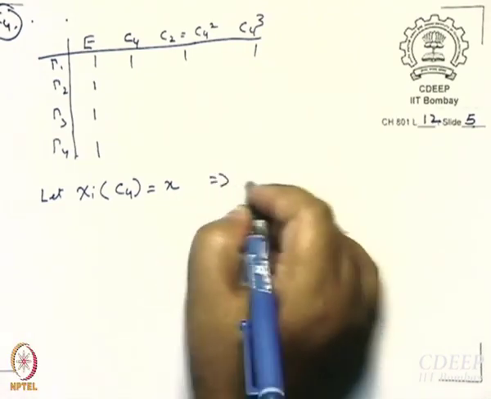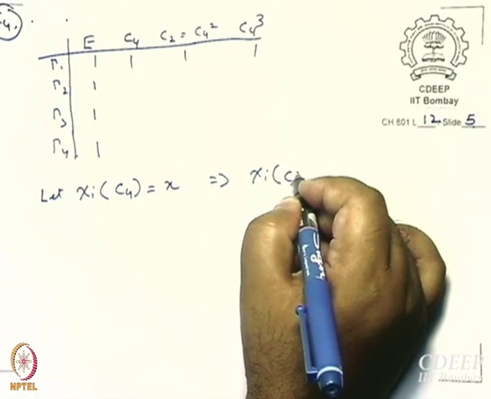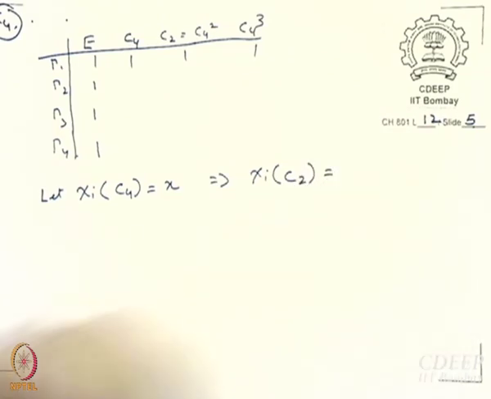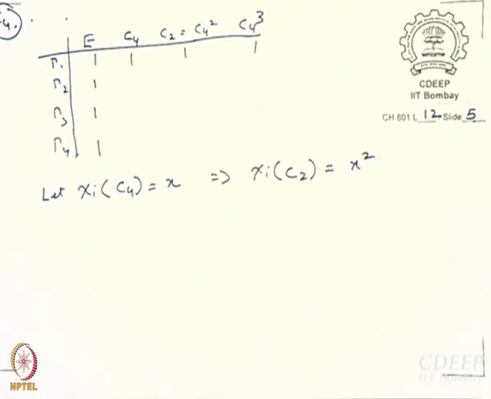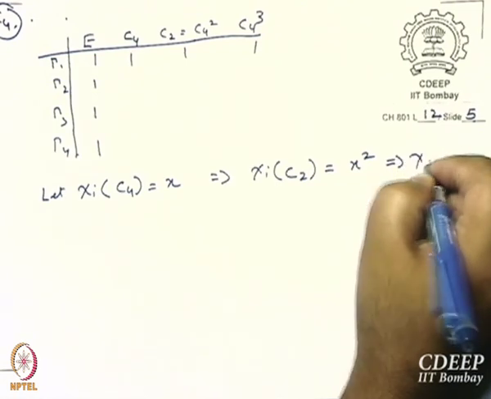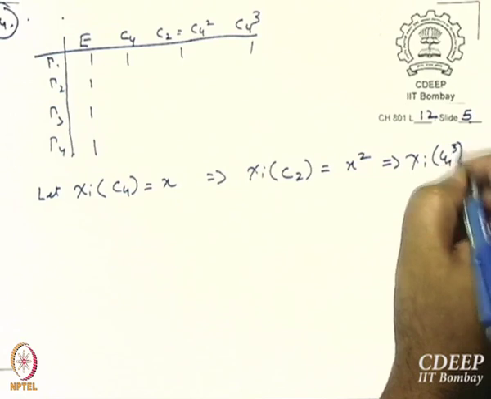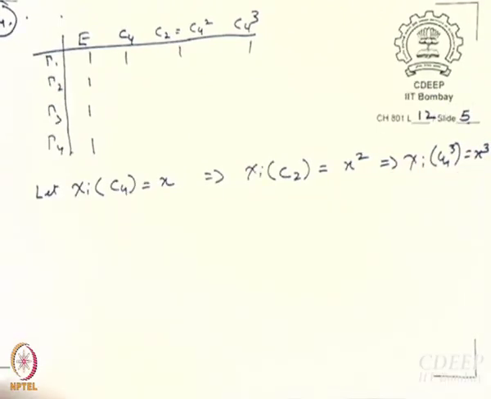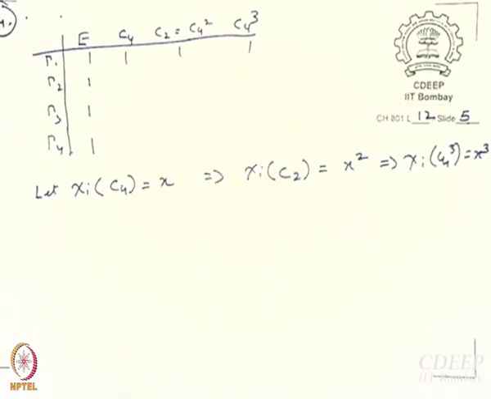So that would imply that chi I of C2 would be equal to how much? X square, and chi I of C4 cube is x cube. Okay. So I can write x square, x cube here.